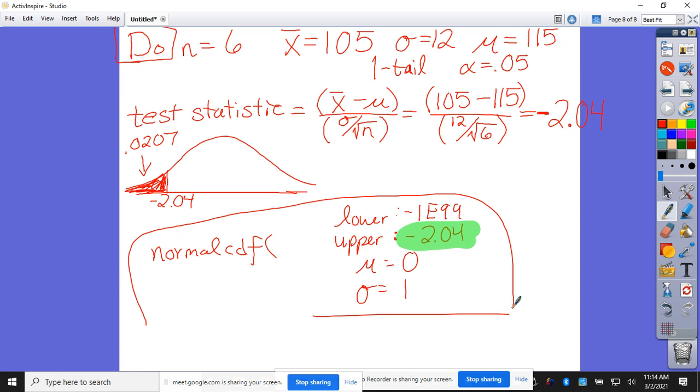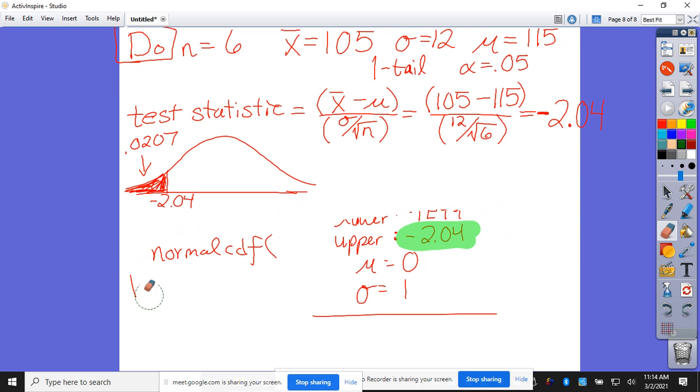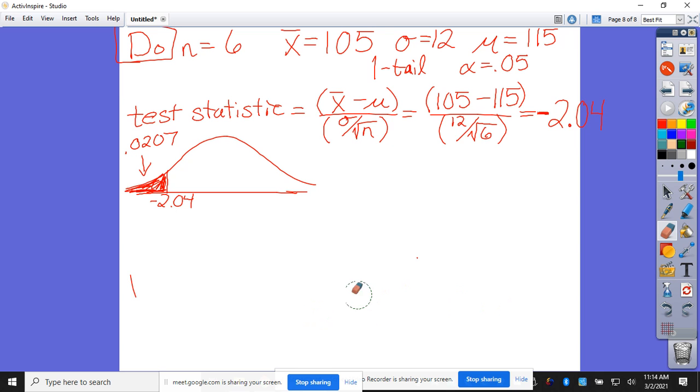So at that point, you gotta erase this one. So I'm going to write my p-value. Then I'm going to compare to my alpha. So what is my p-value? It's the area just found, which is 0.0207.